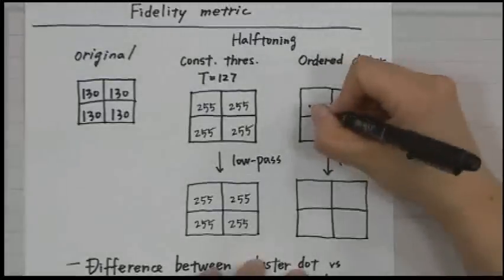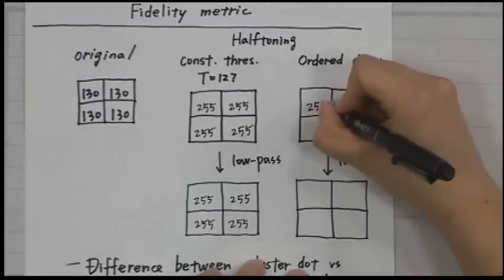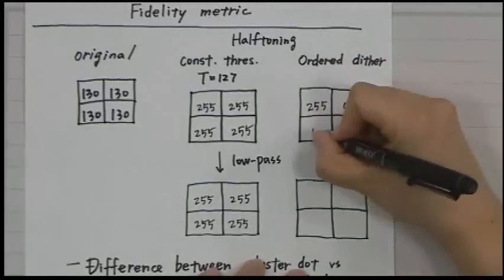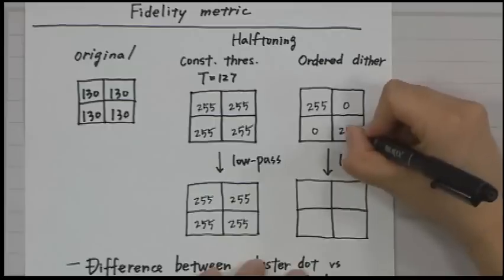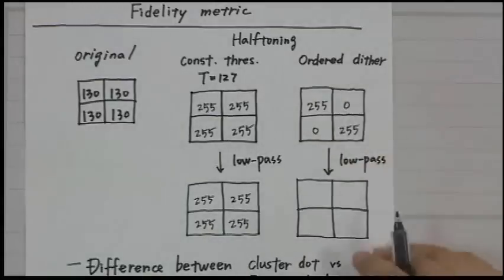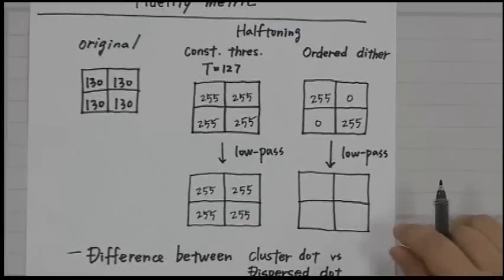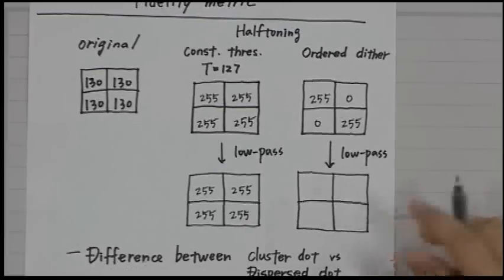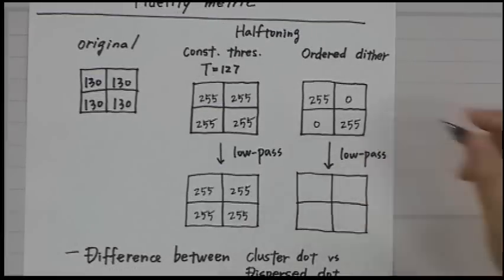Let's pick this, for example. It has a little bit of local variation in it. And then let's take the average of this. What's the average?